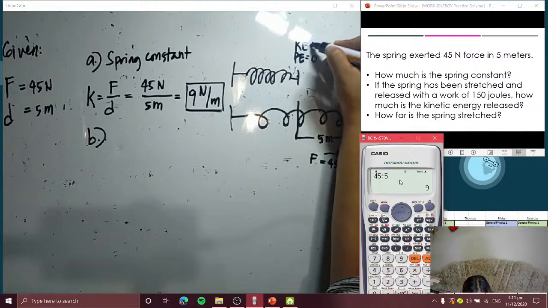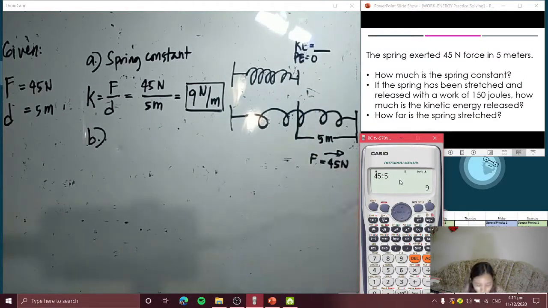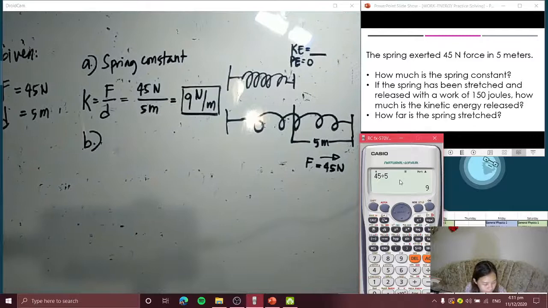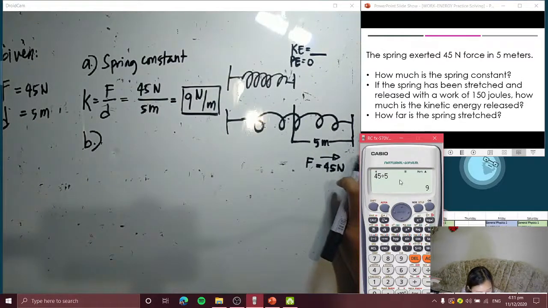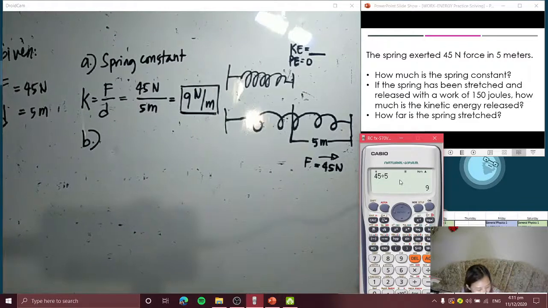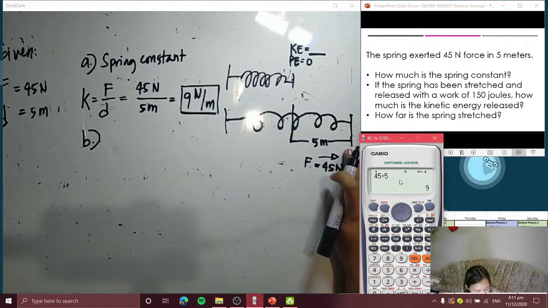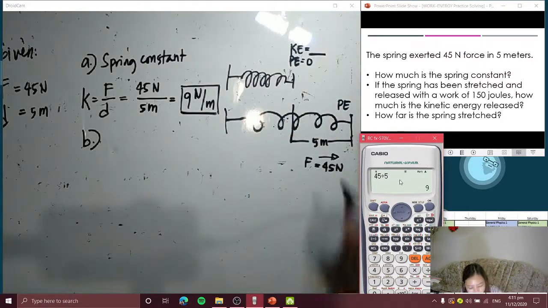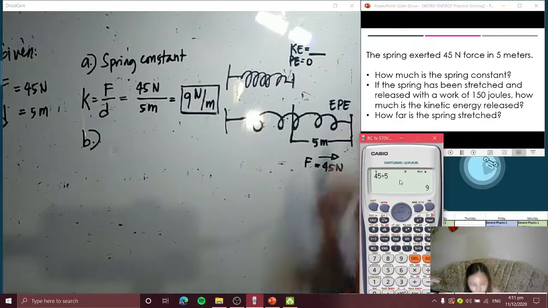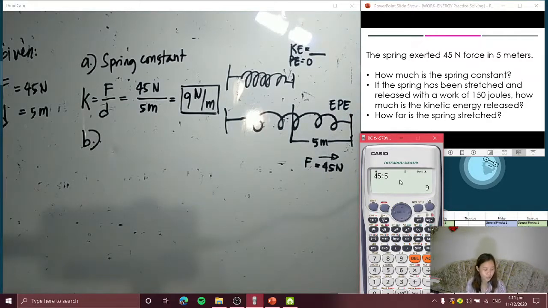Sang nag-stretch siya, of course, may value na ang aton nga PE. Nagka-value ang aton nga PE. So, ano na siya nga PE? Ang aton nga EPE or the elastic potential energy.